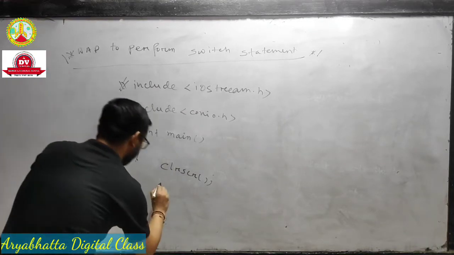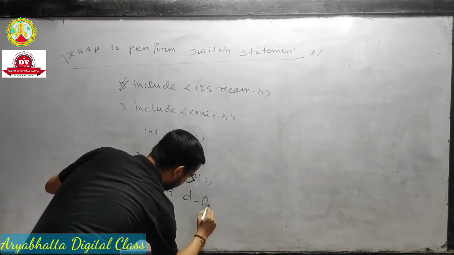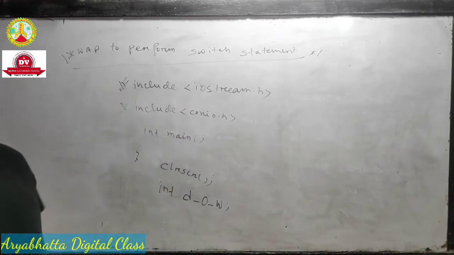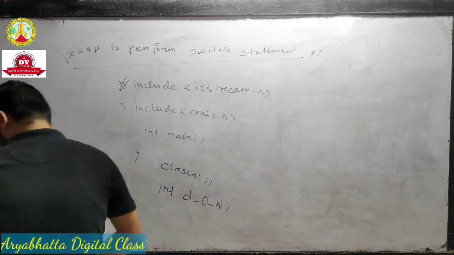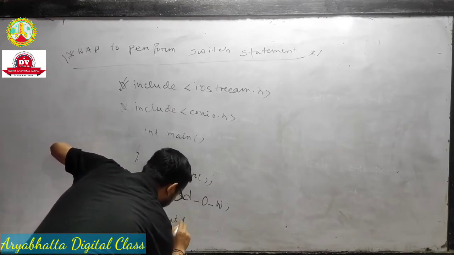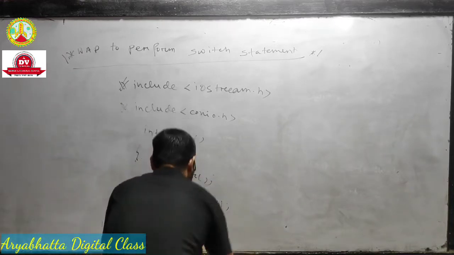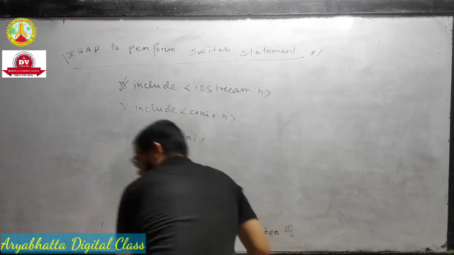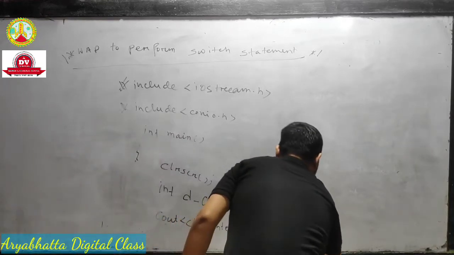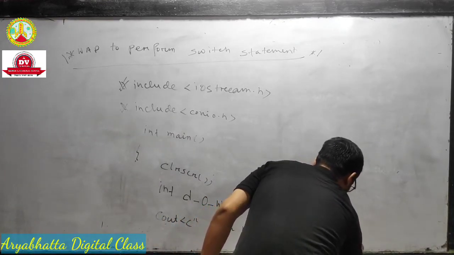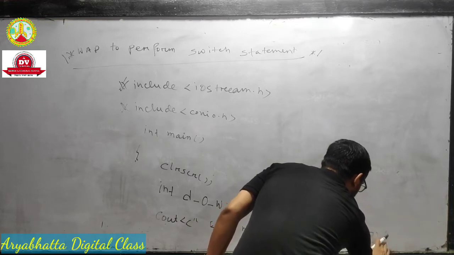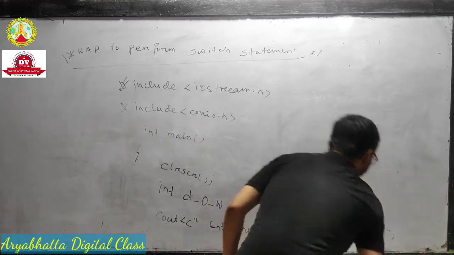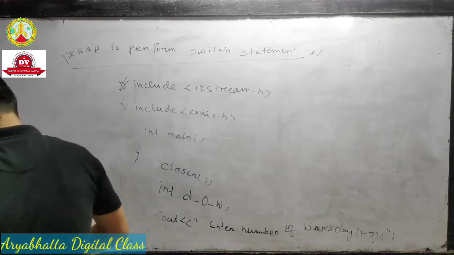And int d underscore o underscore w means day of week, DOW, and cout enter number of weeks day, number of weeks day 1 to 7.